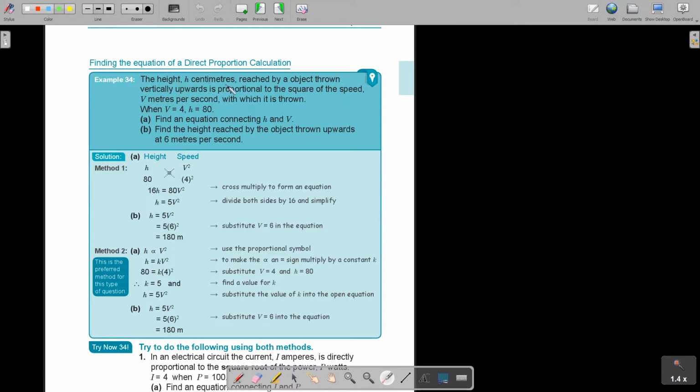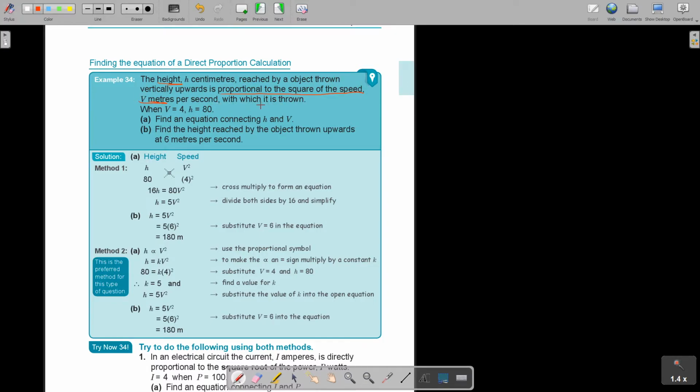The height h centimeters reached by an object thrown vertically upwards is proportional. Can you see again proportional? Then it means direct. To the square of the speed. This is very important. It's proportional to the square of the speed, and it's the height. The speed is v.